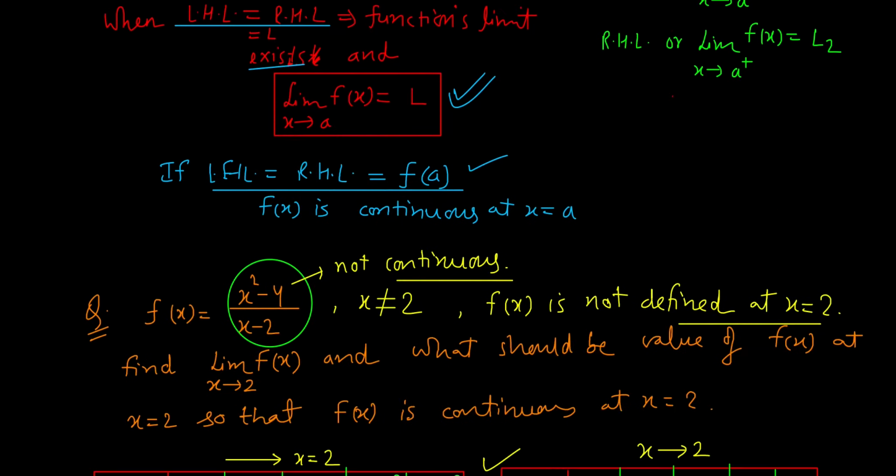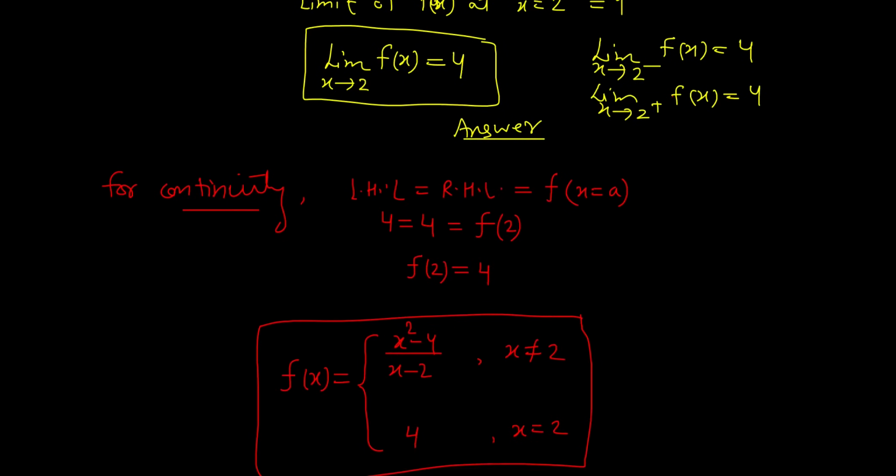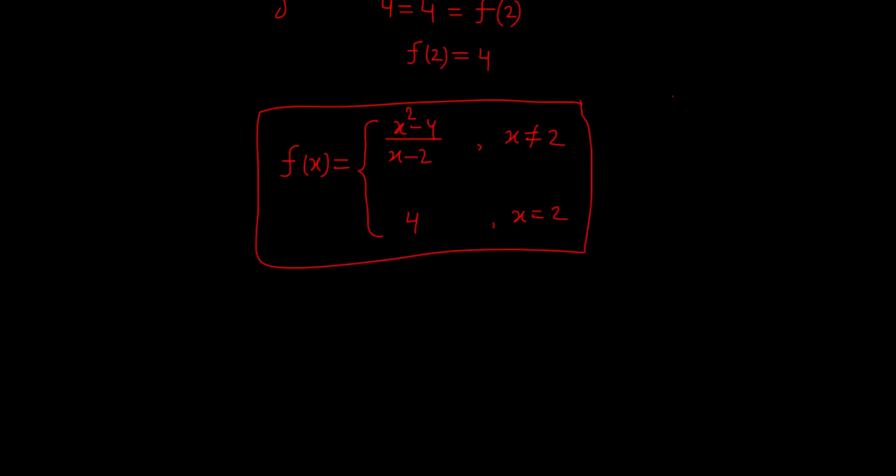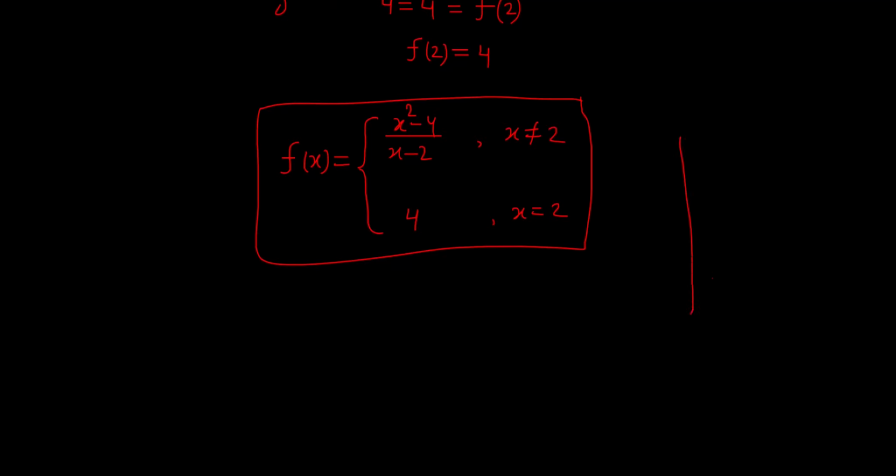So for the graph of this function, x square minus 4 upon x minus 2, suppose this is x equal to 2 and this is 4. Well, this is 1, this is 2.